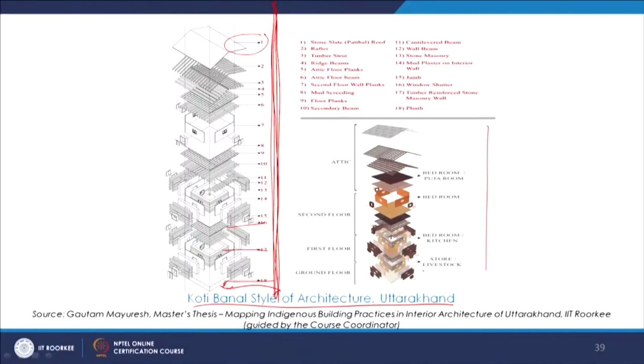So, there is again this system in place. Also, where does the livestock go, and then where is the kitchen and the bedroom and the puja room, the attic for the storage, what happens on the ground floor and what happens on the first floor, what goes on the second floor, also in response to the climate and the resistance to the earthquake. So, this is an entire system and it needs to be understood before understanding the built form.